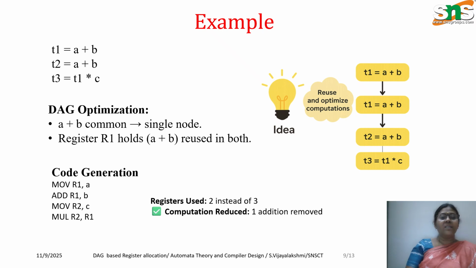The code generation is: move R1 comma A, add R1 comma B, move R2 comma C, multiply R2 comma R1. This is the code generation in assembly code. The registers used here are 2 instead of 3. Computations are reduced, as one addition is removed. So the code becomes shorter and faster. This is the reuse and optimization of computations.